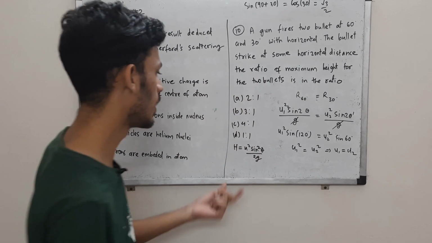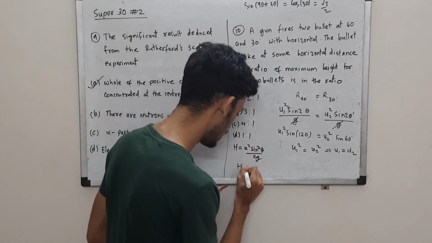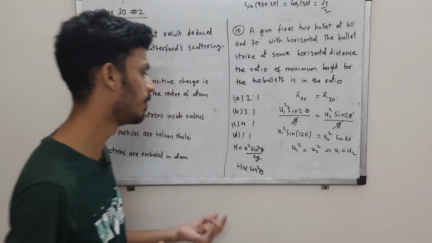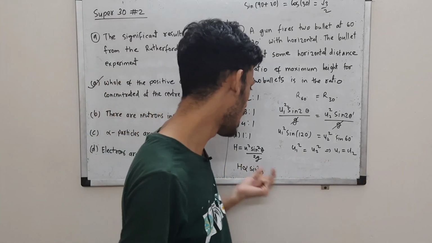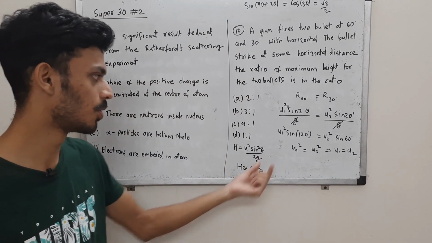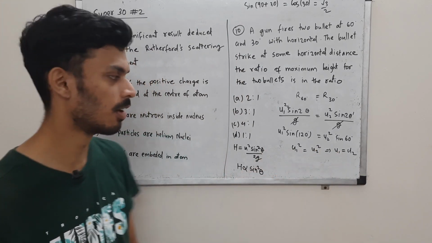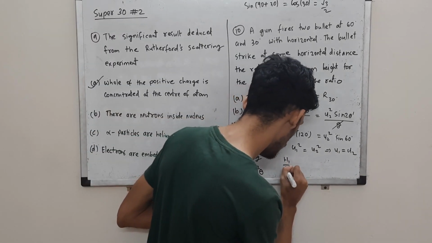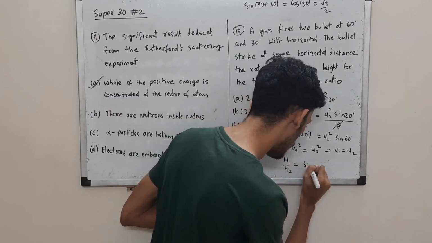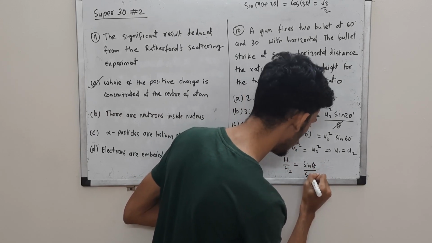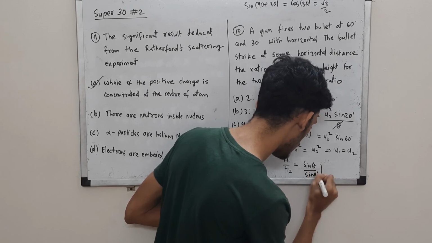From here you can directly see it's directly proportional to sine square theta, because u is same in both the cases and g is a constant. So if you take the ratio h1 by h2, those two things will cancel out, and h1 by h2 is sine theta by sine theta dash, the whole square.